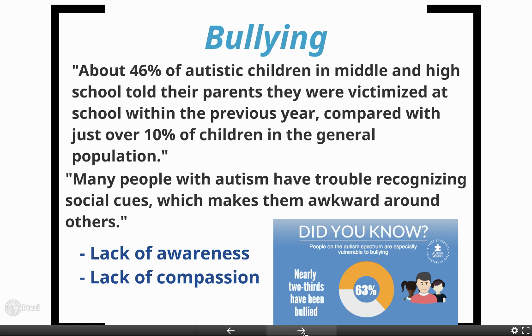According to Maya Salvitz from Time magazine, about 46% of autistic children in middle and high school told their parents they were victimized at school within the previous year, compared with just over 10% of children in the general population. She also stated many people with autism have trouble recognizing social cues, which makes them awkward around others.